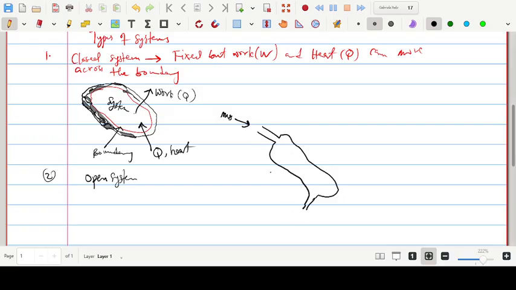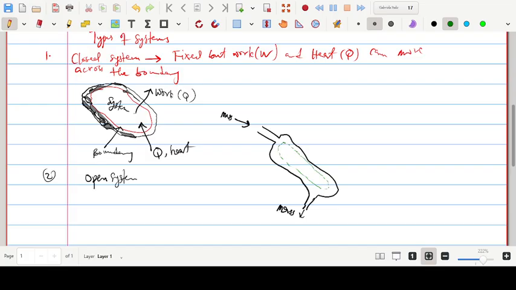It enters here and comes out here. You understand? So it is in an open system that you have the control volume. It is an open system that has a control volume. So this is the control volume here. So mass comes out.